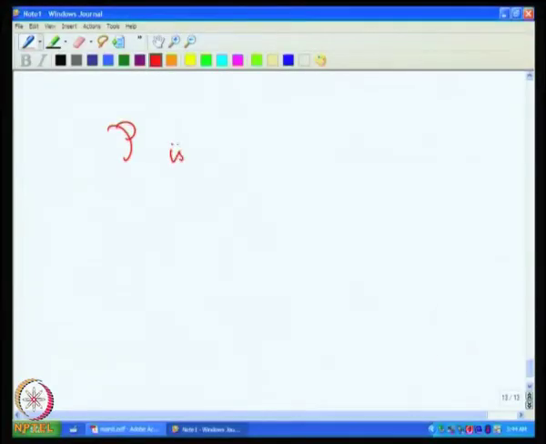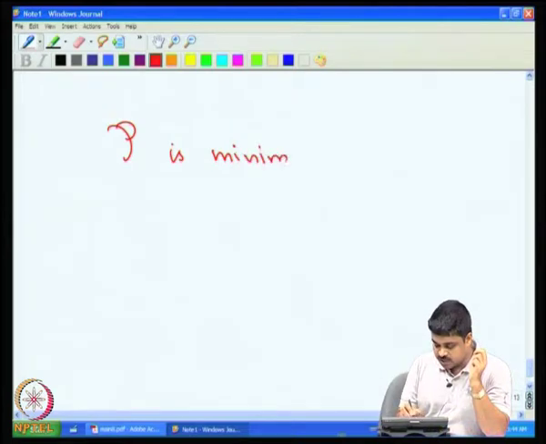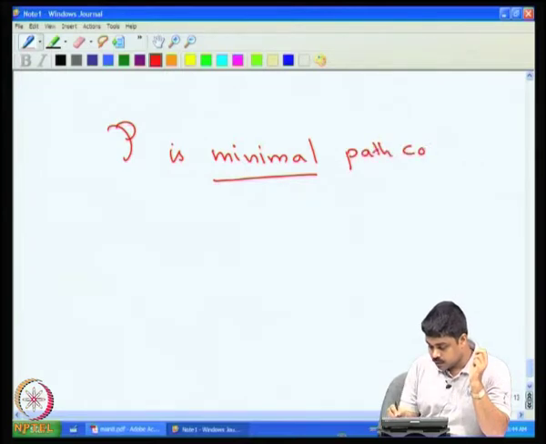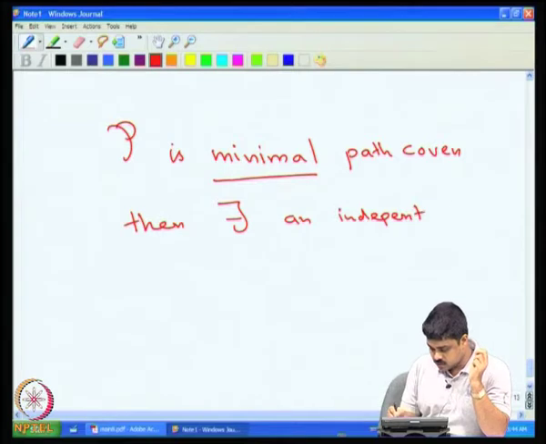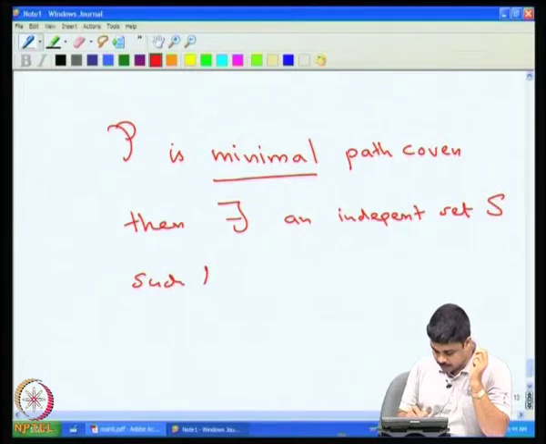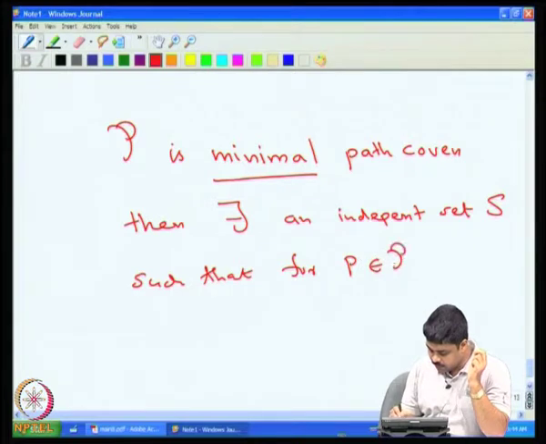But we will be showing a little extra here. If this P is a minimal path cover, this is what I am saying, instead of minimum path cover, I will say if it is a minimal path cover, then there exists an independent set S such that for each P in the path cover, S intersection P is not empty.